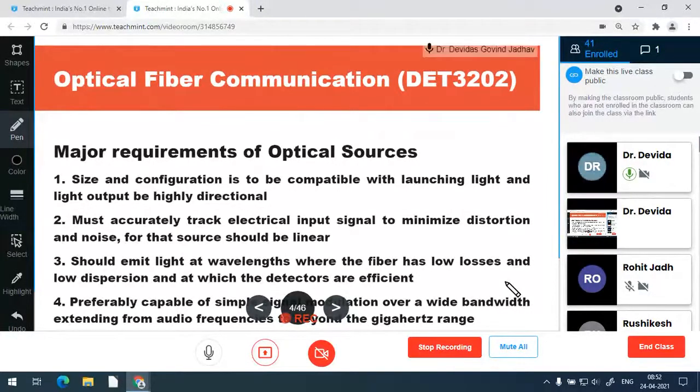So incandescent light has a large size, and if it is CFL, then also it has a very large size as compared to the optical fiber communication system, because the optical fiber has a human hair-like diameter.